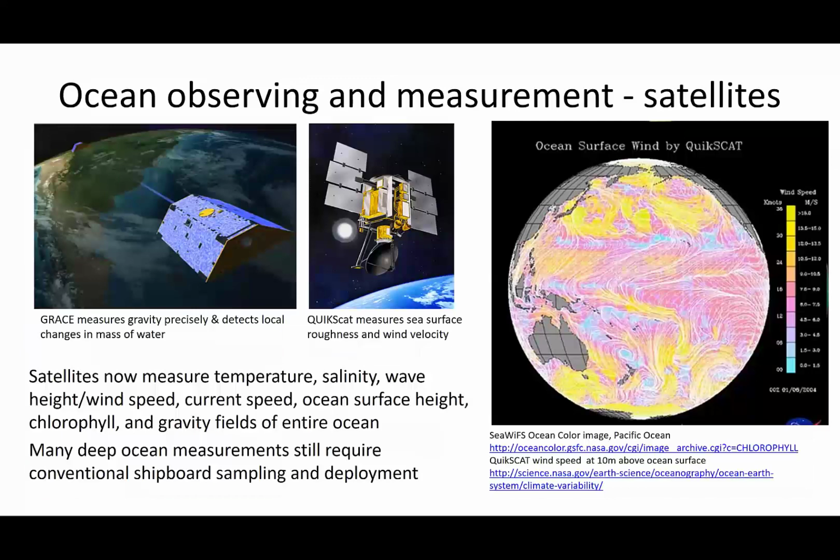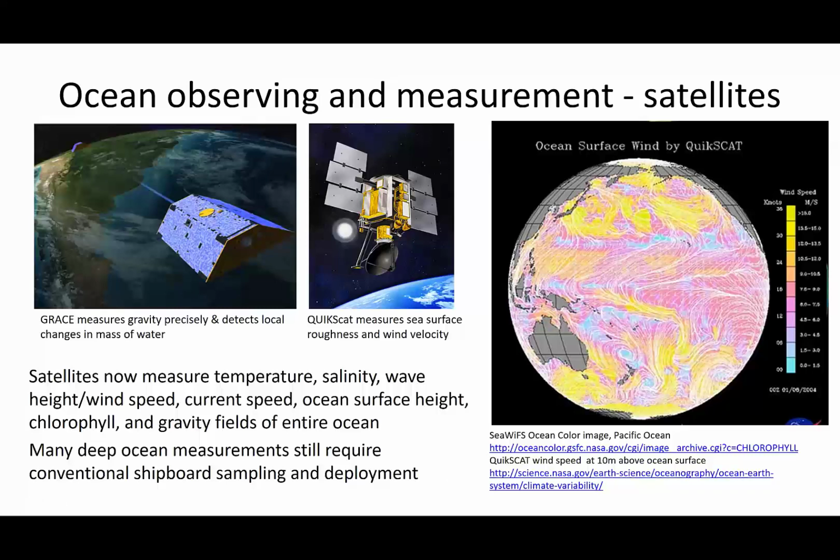The last method of observing and making measurements in the ocean is satellites. This is a rapidly evolving area of innovation, and the number of satellites and what they're measuring is growing all the time. So we now have satellites that measure sea surface temperature, sea surface salinity, wave height, wind speed, current speeds, ocean surface height.